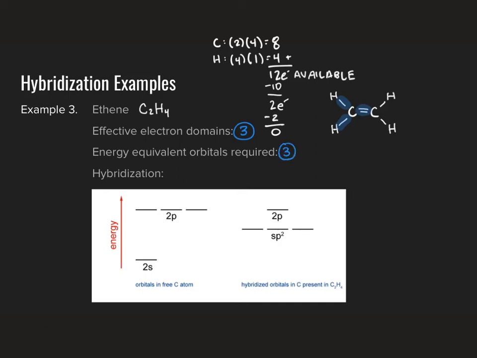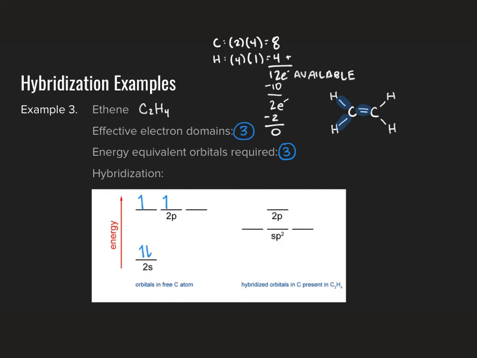And to make 3 sigma bonds, when I look at my energy level diagram for the carbon, I've got a problem again. That is, carbon's electron configuration of 1s2, 2s2, 2p2, as we discussed before, isn't going to work because I've got only 2 electrons in the 2p orbitals, and those are at 90-degree angles to one another, perpendicular, not the trigonal planar geometry I'm going to need with 120-degree angles between the orbitals.